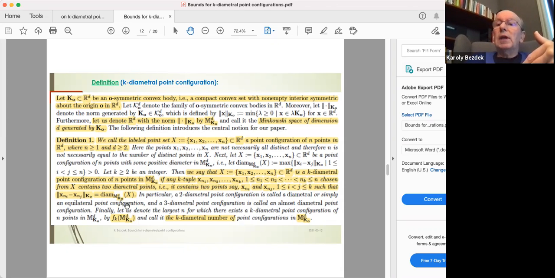In fact, he was also able to give a bit more insight into it, realizing that this is equivalent to saying that the point configuration is antipodal.